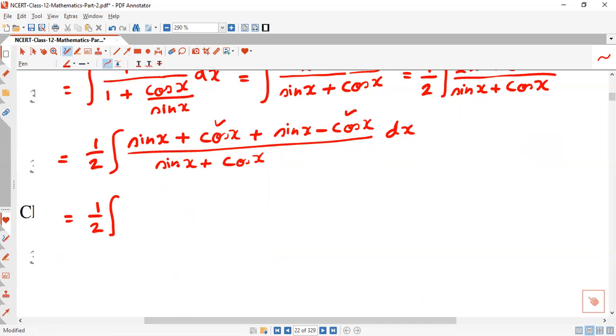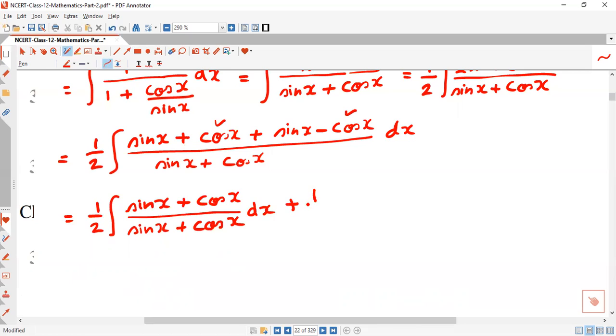One is sin x plus cos x upon sin x plus cos x dx, plus half times integration of sin x minus cos x divided by sin x plus cos x dx.